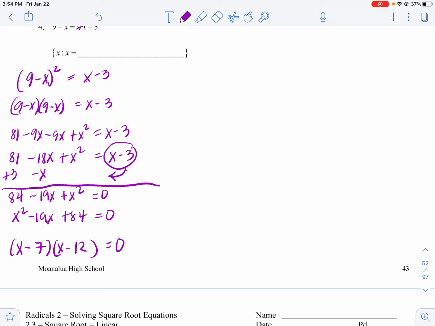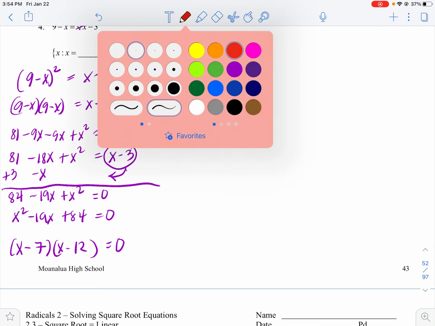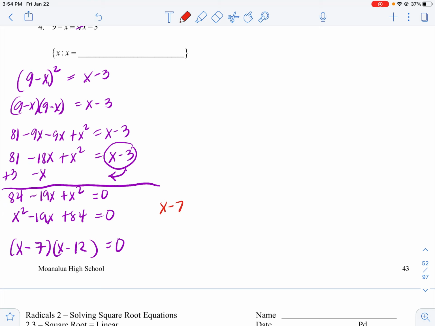Right? So negative 7 times negative 12 is positive 84. Negative 7 plus negative 12 is negative 19. So our answers are x minus 7 equals 0 is 7. X minus 12 equals 0, it's 12.